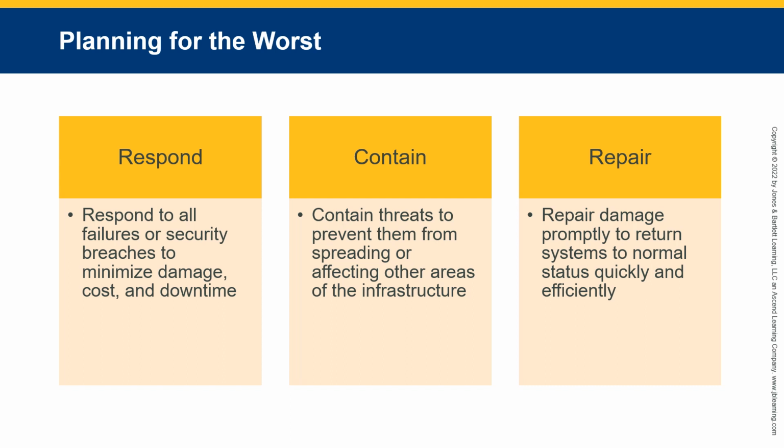Well, the first thing to do is you have to know how to respond. You have to respond to security breaches and failures to minimize the damage at all costs and minimize downtime. These can be playbooks, checklists, anything that somebody can reference to know how to respond.